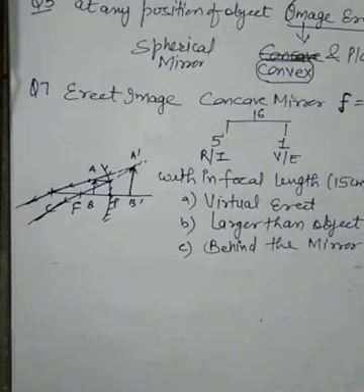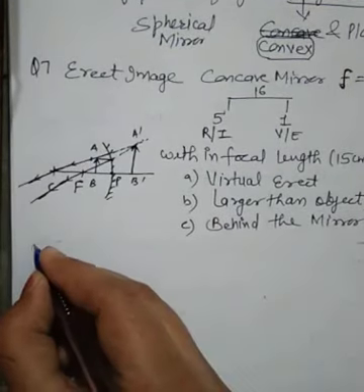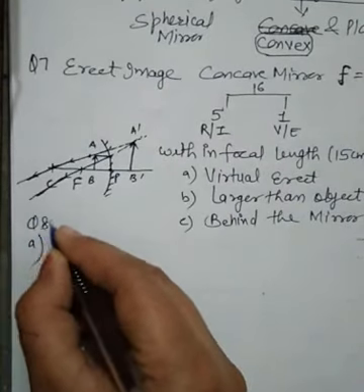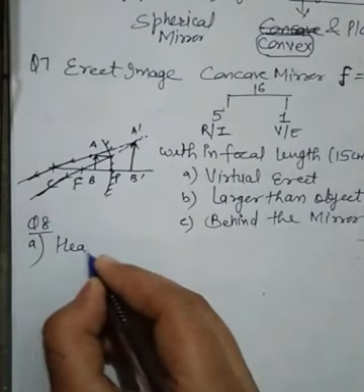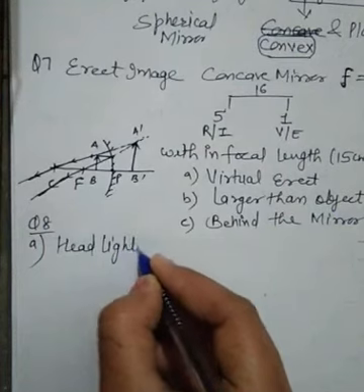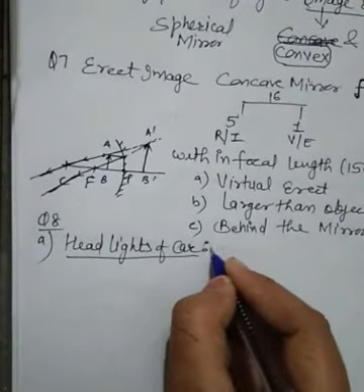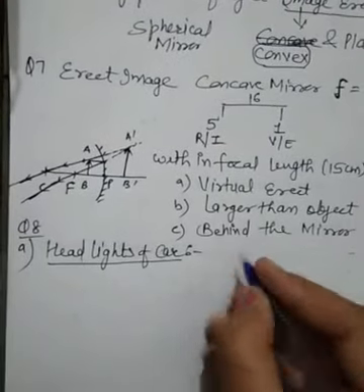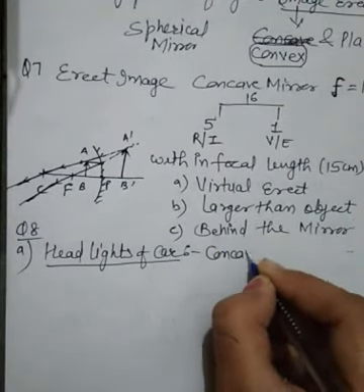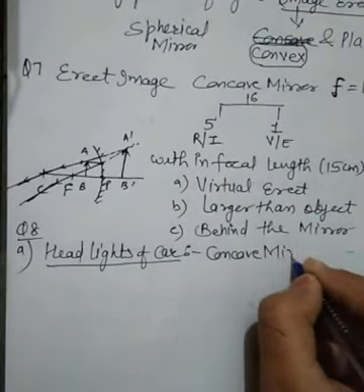Now, question number 8. Name the type of mirror that you use in headlights of a car. In headlights of a car, we use a concave mirror. Why concave mirror?